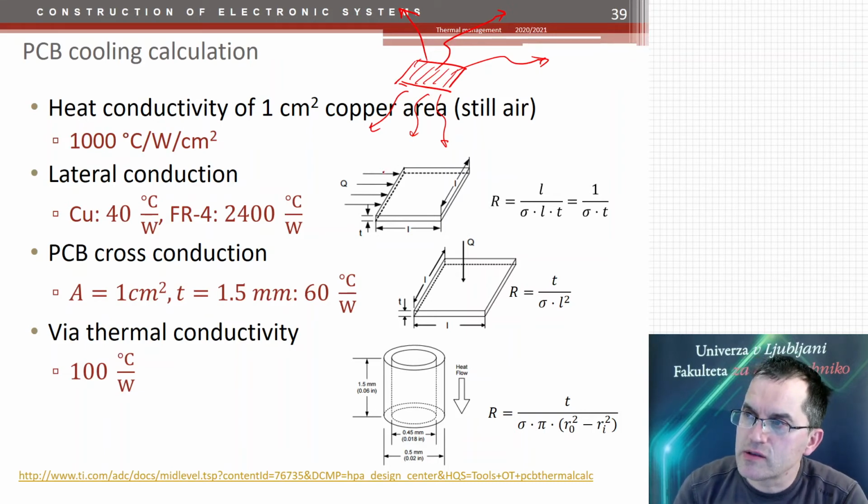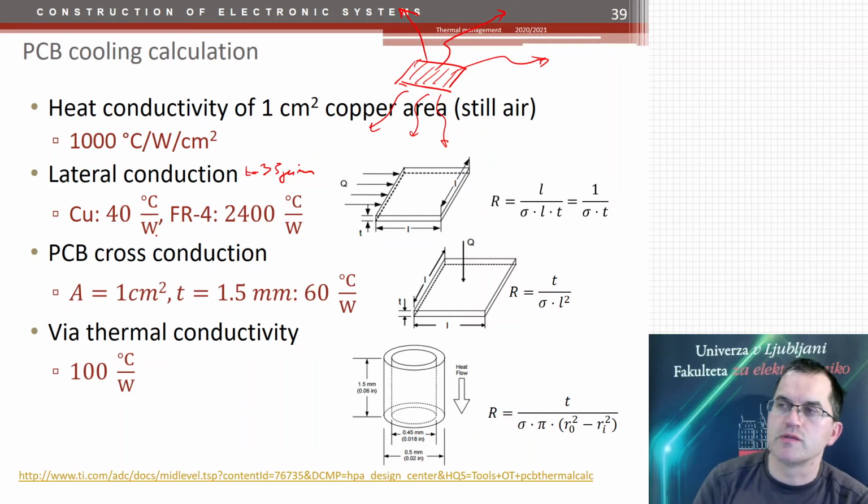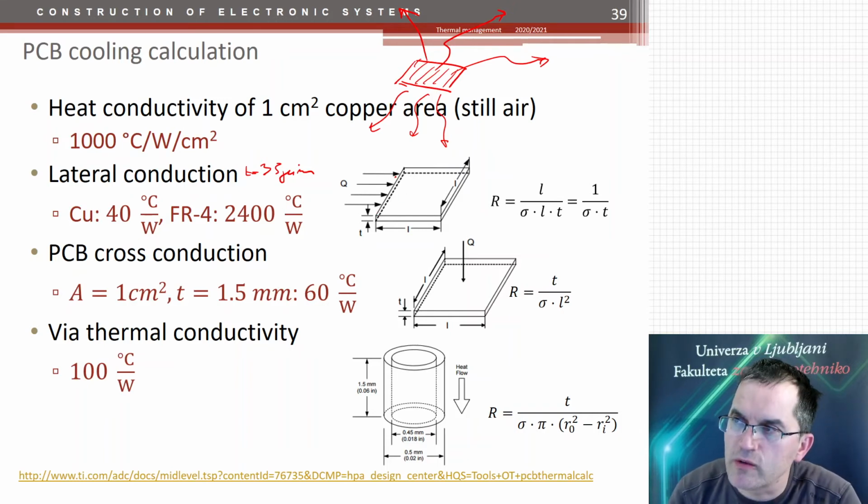So the next question is, how efficient is the lateral conduction through the layers of the PCB? Through the copper, the value of this resistance, if you have 35 micrometer thick copper, would be around 40 degrees Celsius per watt, which means 1 watt will be transferred at a 40 degree temperature difference.